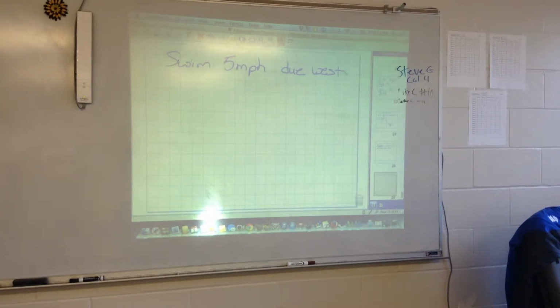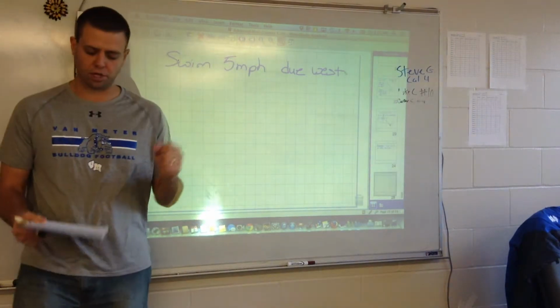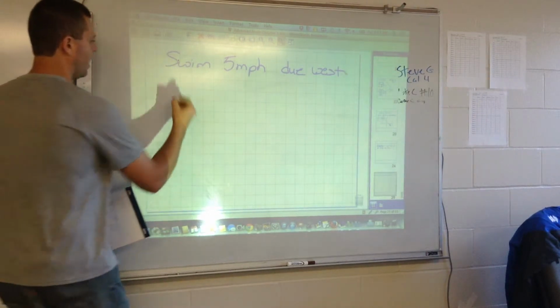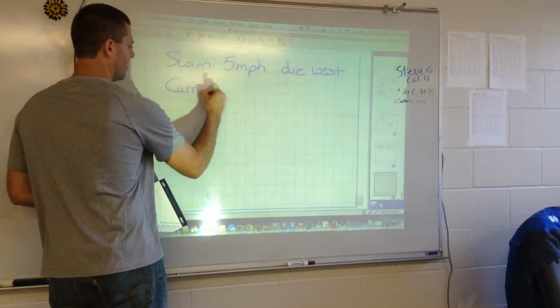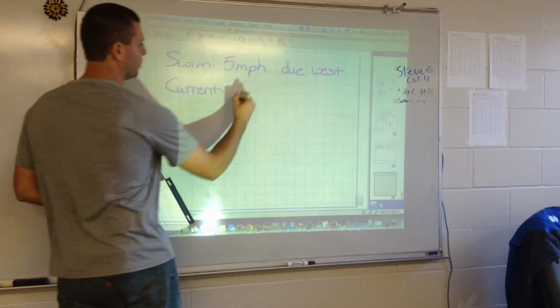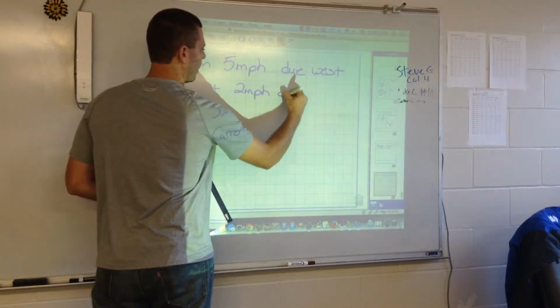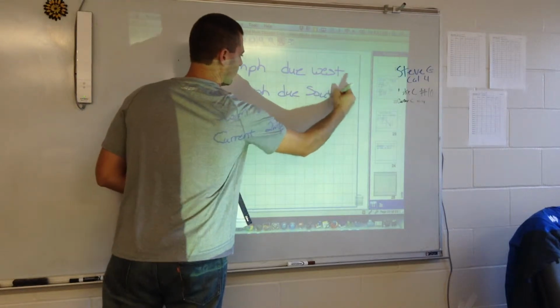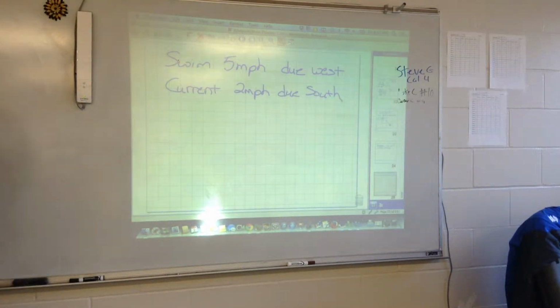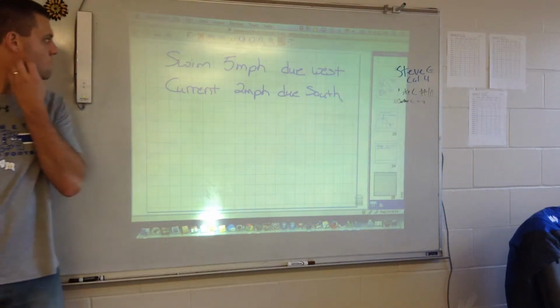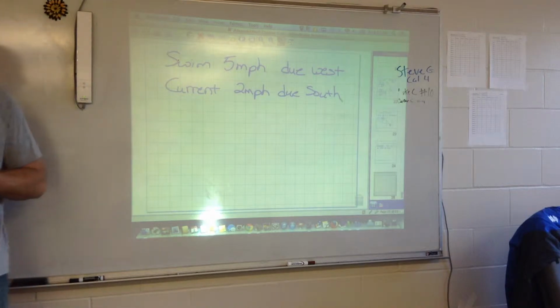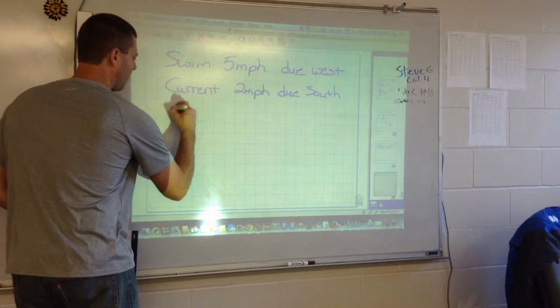So you're going to try and swim 5 miles per hour straight west, but you're doing this in a river, and the current in that river is going to push you 2 miles per hour, and we'll just say, because most rivers flow due south, in the northern hemisphere. So you're going to try to swim due west while a current is pushing you 2 miles per hour due south.